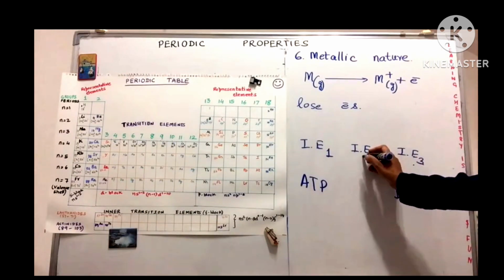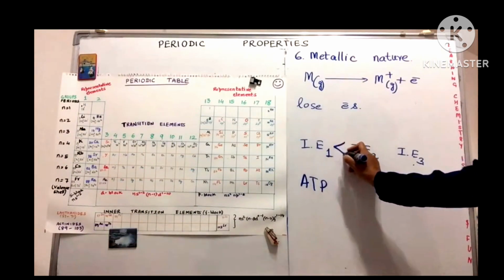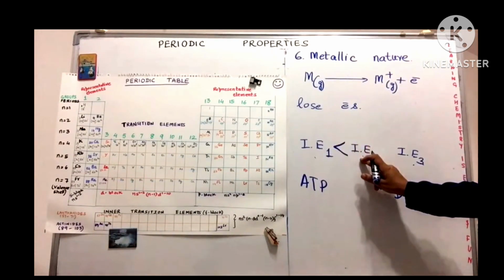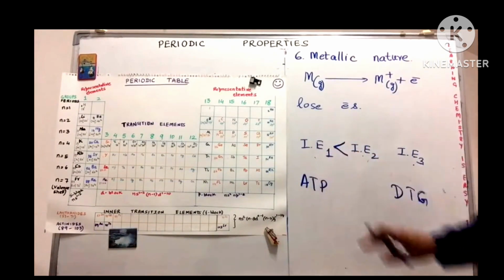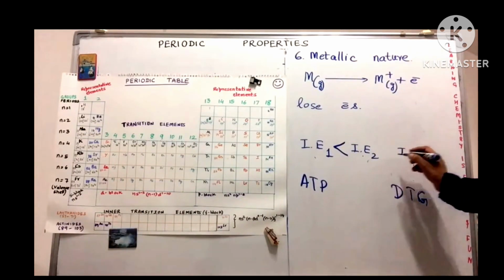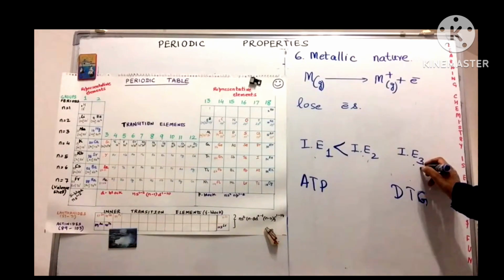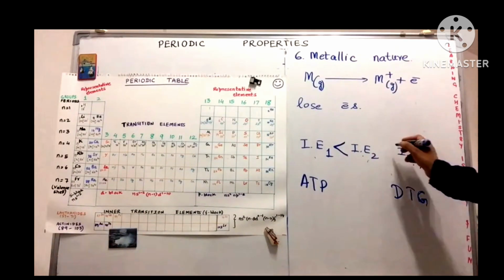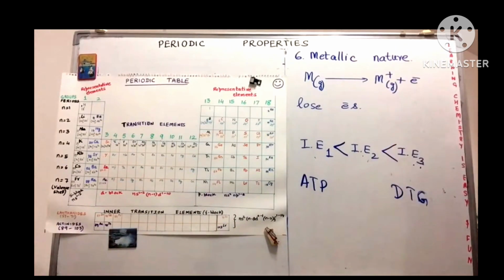So IE2 will be greater than IE1. Ionization enthalpy 2 is usually greater than ionization enthalpy 1. In the same way, will ionization enthalpy 3 be less or more than IE2? Yes, it will again be greater than IE2.